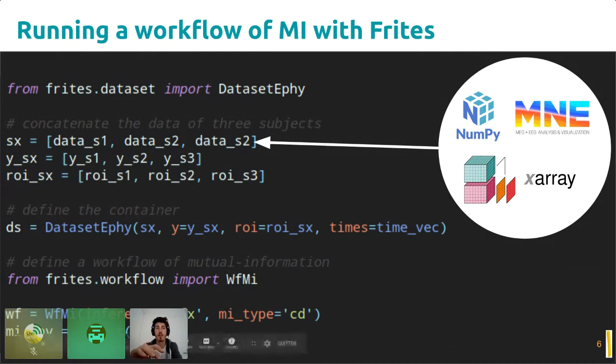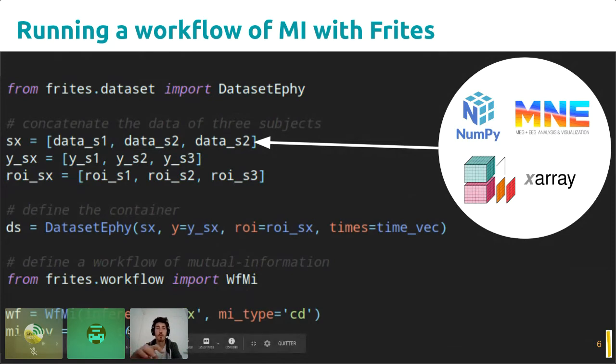You can specify if you want to perform a fixed effect analysis or random effect analysis, and what kind of mutual information you want to perform: if it's between continuous brain data with a discrete vector of conditions, or CC for a continuous variable. You can also do CCD, where you compute the mutual information between your brain data and a continuous regressor, and you remove the influence of a discrete variable.